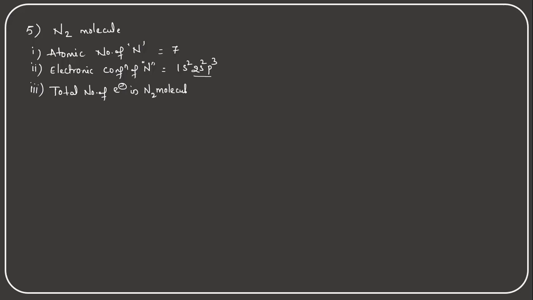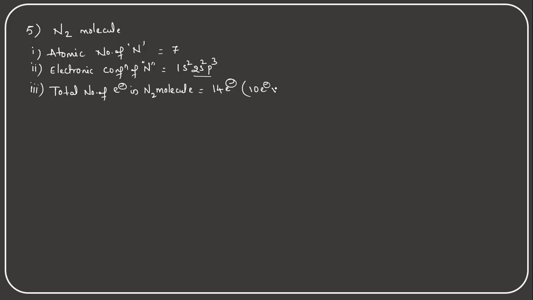N2 molecule. So how many total electrons are there in the N2 molecule? Total 14 electrons are there. But if we take into consideration only the outermost orbital electronic configuration, 5 electrons are there in each nitrogen, so in both nitrogens together, totally 10 electrons.